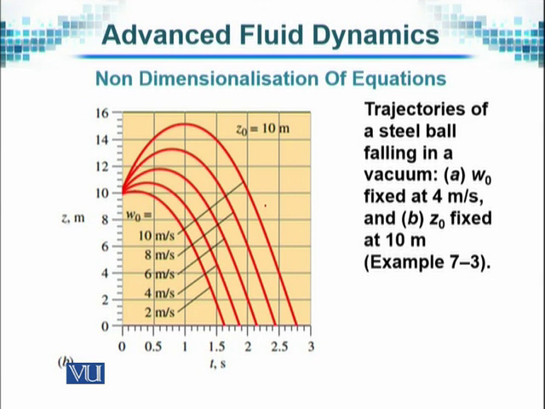Now, how do we combine the two plots, the two types of trajectories? In one case the height was kept fixed, and in the other case the velocity was kept fixed, and the other parameter was varied.